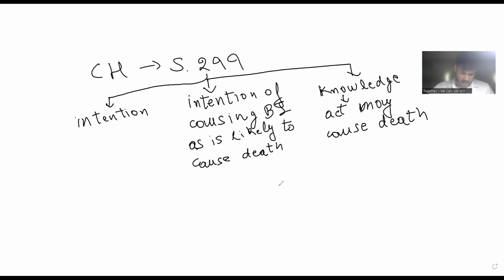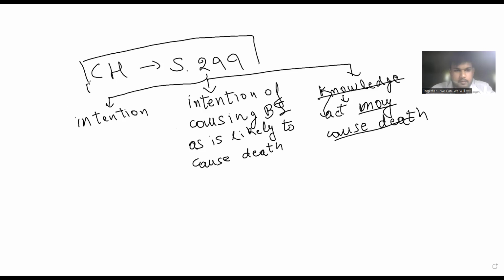In the language of the Bare Act, with the knowledge that he is likely by such act to cause death. So if he had the knowledge that the act which he is doing may result in death. So these were the three circumstances mentioned in section 299, that is culpable homicide.